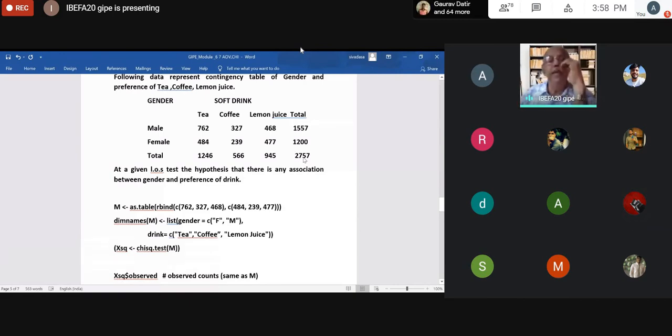How many probabilities are associated to the characteristics gender and soft drink? Many, isn't it? Yes, sir. Among this data, which number is high?